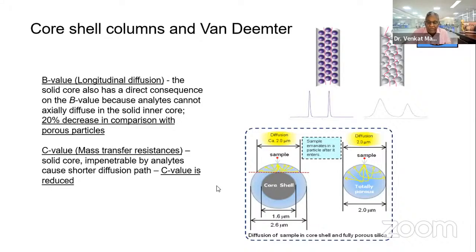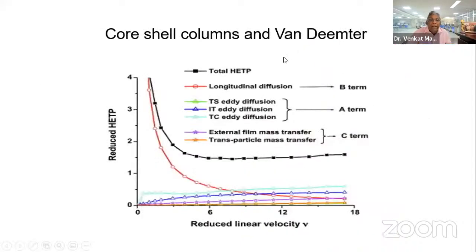Okay. Now, if that is the case, I can show you a core shell column with the Van Deemter parameters. I can see very clearly that for this particle, the total HETP is almost parallel from 6 to 14 for longer velocity.